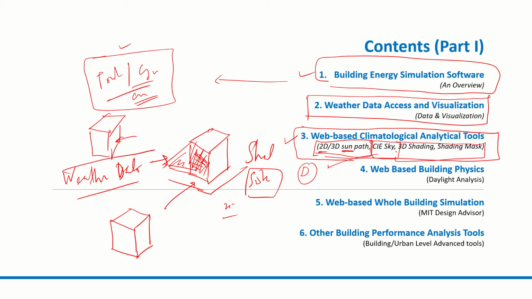We'll also try to understand shading, a little bit of shading, and also shading mass. What is shading mass and how do we understand it for a building, so that we have some understanding of how we block the sun and when we block the sun, or when we let in the sun, and so on.